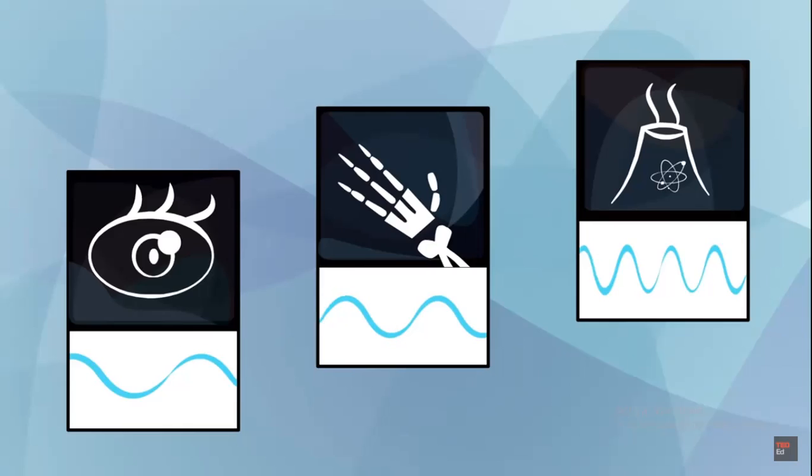Some of the beams that have higher amplitude, we can see them as a light beam. However, some others we cannot. And this is an example of lower amplitude radiations in this case. That would be an ionizing radiation.